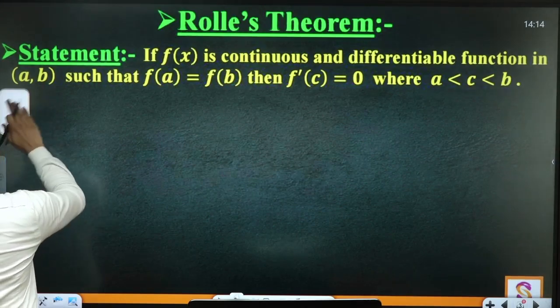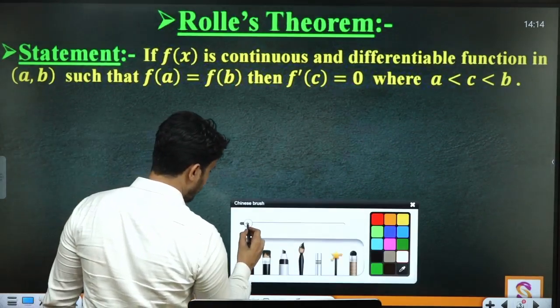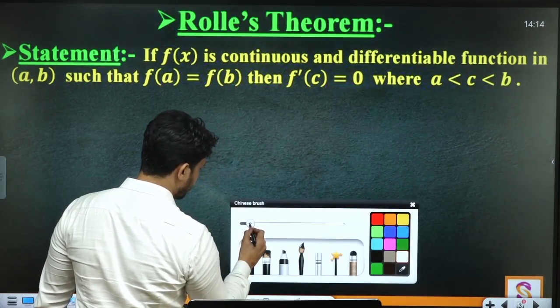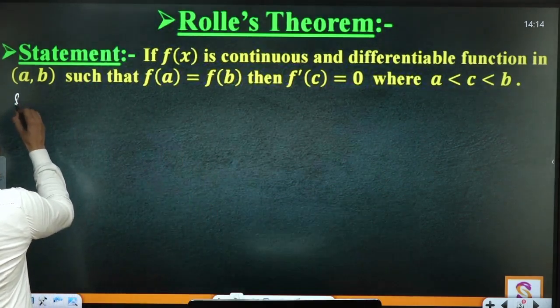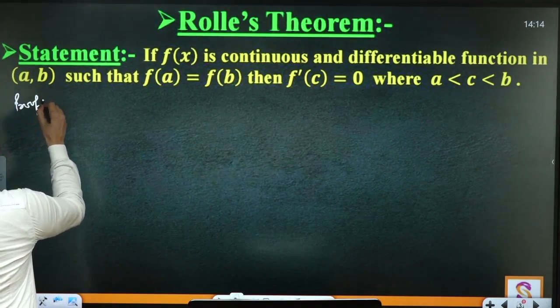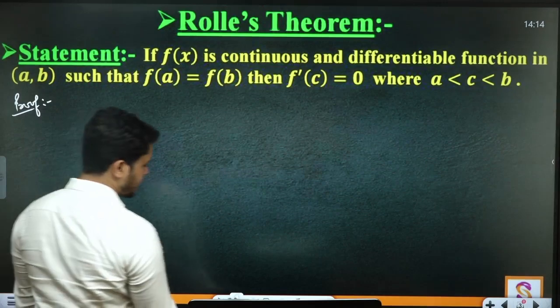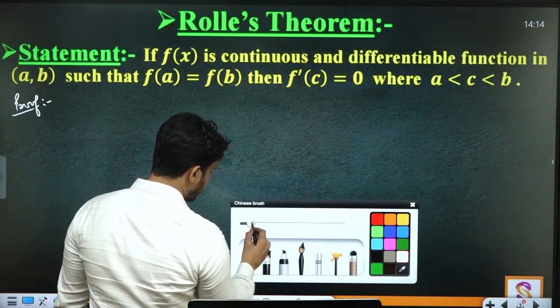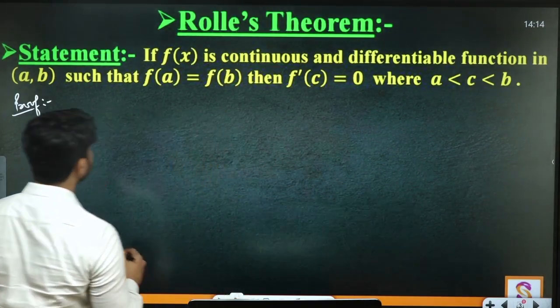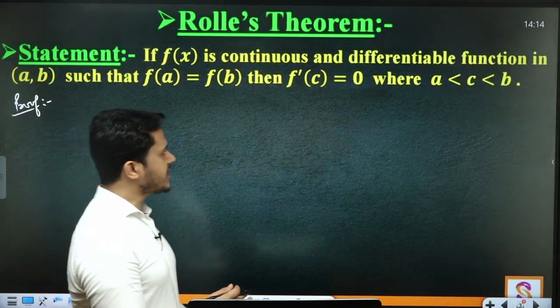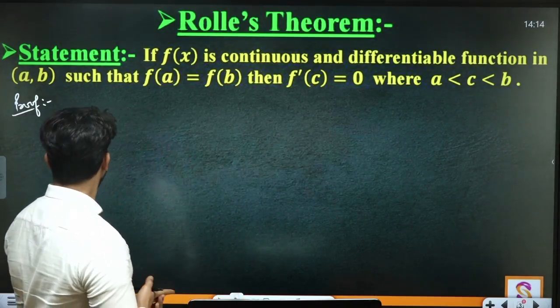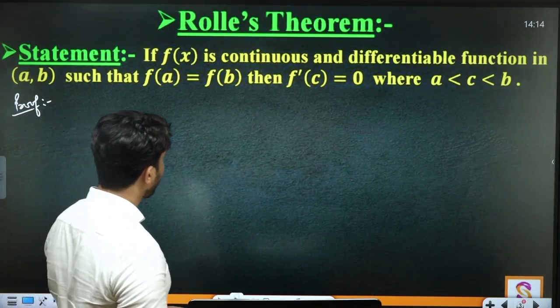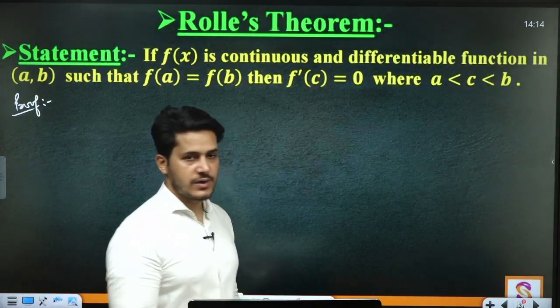First of all, we are starting here the proof of Rolle's theorem. Yes, f(x) is continuous and differentiable in the interval (a, b) such that f(a) equal to f(b), then f'(c) equal to 0.